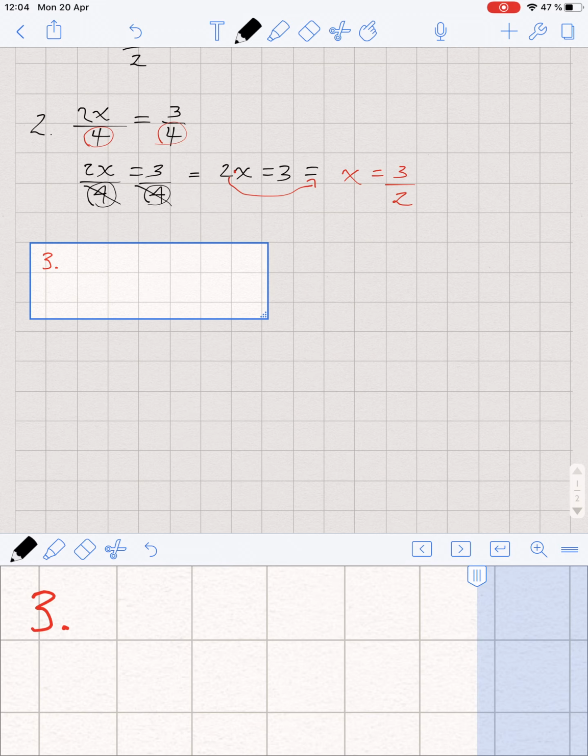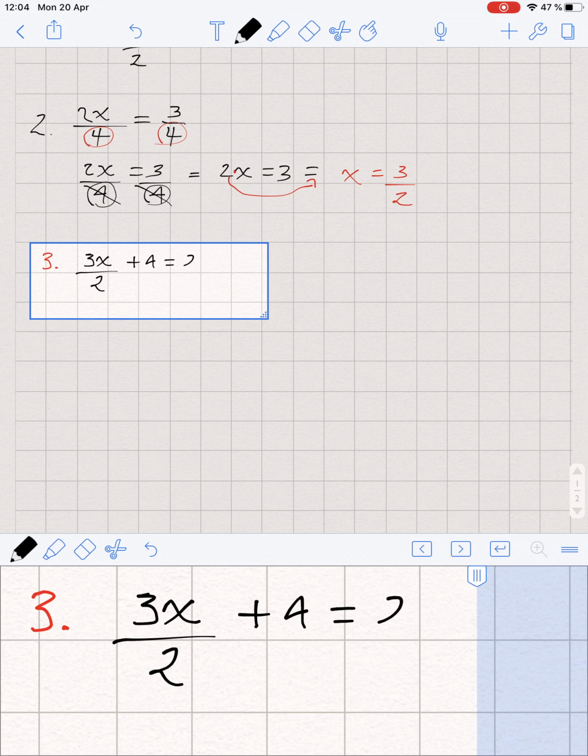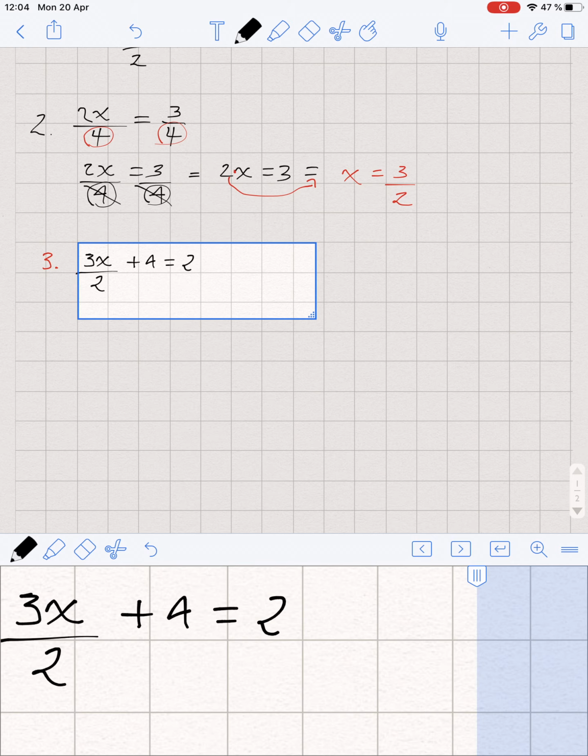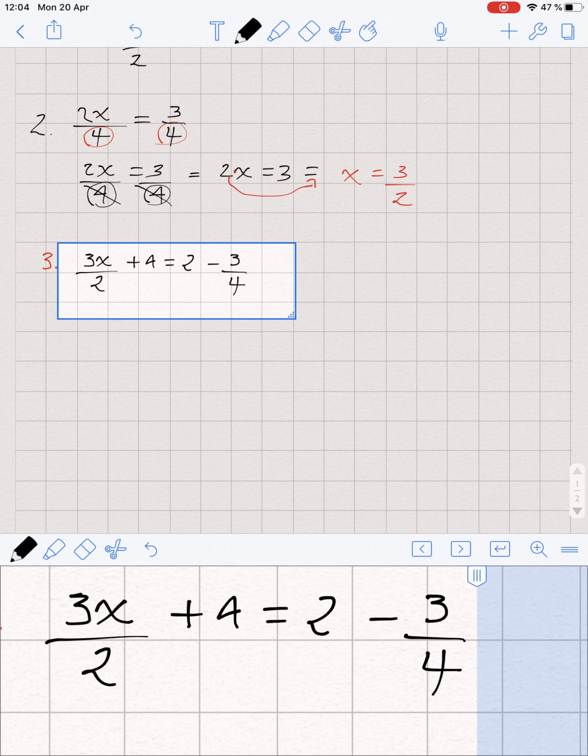In this one, for example, we will have 3x divided by 4 plus 2 equal, I don't know, 2 minus 3/4. Okay, if you see, we have a combination of whole numbers and fractions.